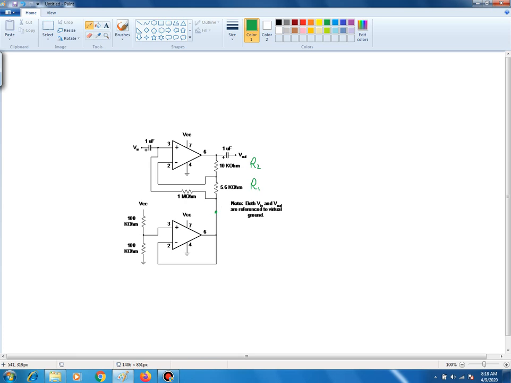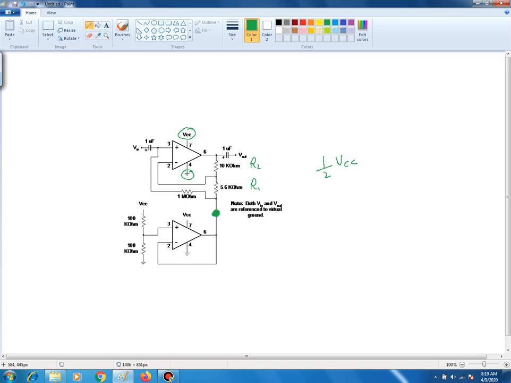But because we are working off of a single supply, you can see here we have VCC, but then we have ground on what would have been the VEE. Therefore, we need to shift the virtual ground to be 1/2 of VCC. So this point right here, I'll just draw a large green dot right there.